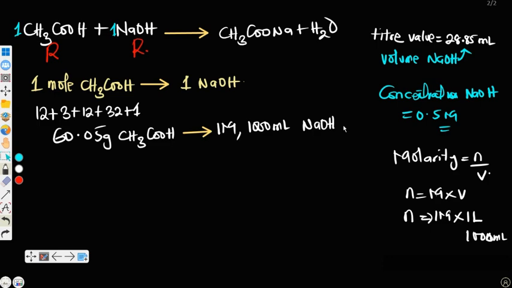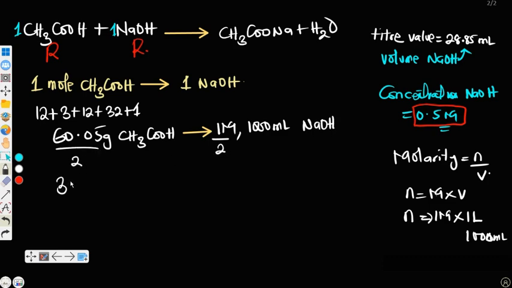Now, the next thing you start to do is to divide. What was the concentration of sodium hydroxide you reacted with from what we had here? The concentration of sodium hydroxide here is 0.05 molar. So you divide till you get 0.5 molar. Divide here by 2, and divide here by 2.